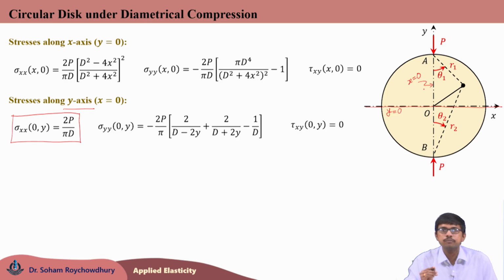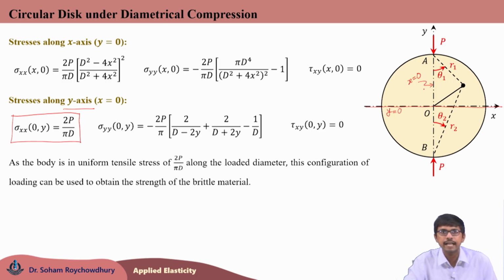This motivates us to use this setup for finding the tensile strength of brittle material by an indirect method. As this circular disc has uniform tensile stress 2P by pi D along the loaded diameter, along the line joining the 2 points of loading of compressive stress, this configuration can be used to get the strength of the material, which is used for indirect strength testing of brittle materials.